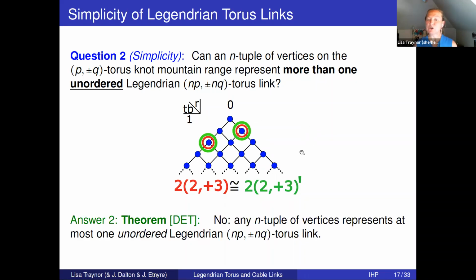And no. So any n-tuple represents at most 1 link if you don't care about the ordering at all. It's not really an ordering question for this problem, but we'll get into a case where you do have ordering. So this is just kind of saying it's simple. As long as you know the TB and R of each of the components, then you know the link.